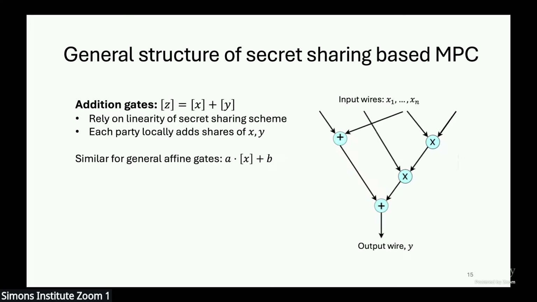This can typically be extended easily to affine gates, where you have multiplication with a constant, and addition of a public constant. I'll use this notation to denote this secret shared value with this affine function applied, so that you get a secret shared result.